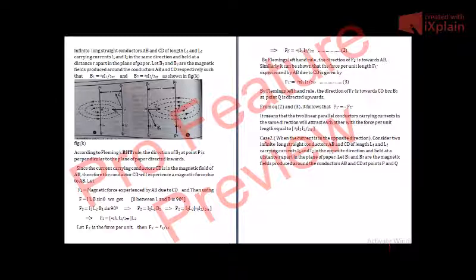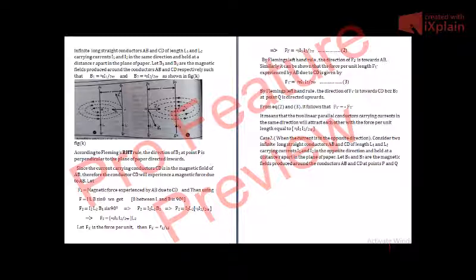Remember these three things. The magnetic force experienced by conductor CD will be directly proportional to the length of the conductor CD, that is L2, to the current flowing through CD, that is I2, and to the magnetic field B1 produced by AB.